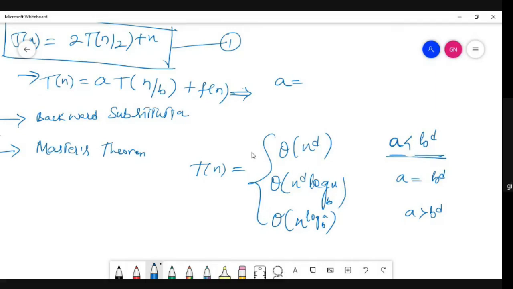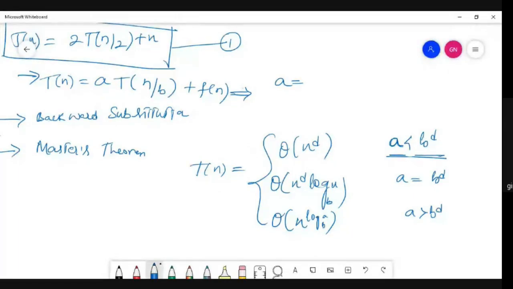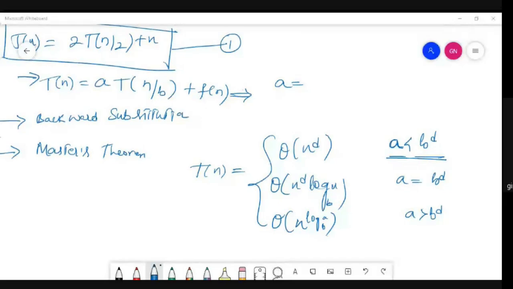Let's confirm what exactly that equation is. Very well, just one second. I think this is correct, but let me check it out.